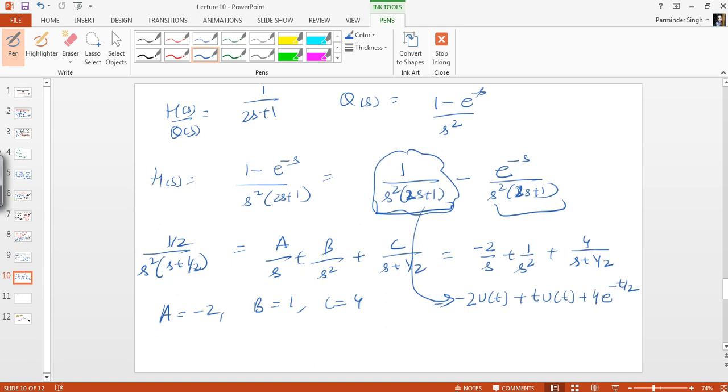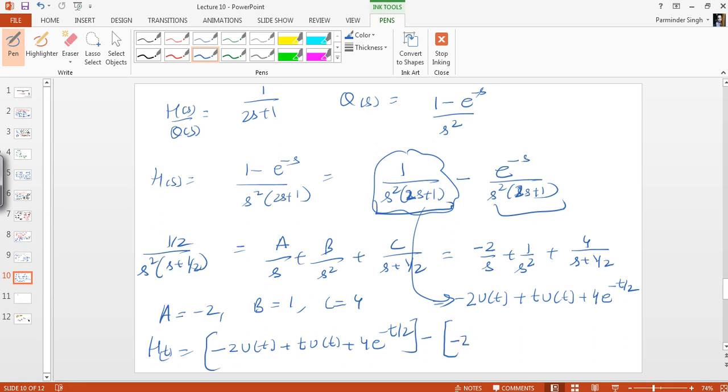So finally your h(t) will be, first for this term, minus 2 u(t) plus t u(t) plus 4 e to the power minus t by 2, which we have solved over here. And for the second part, the same terms will come over here, with the addition that wherever t is written, we replace t by t minus 1.